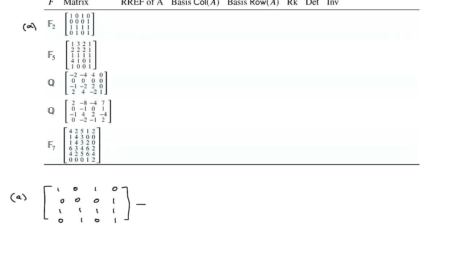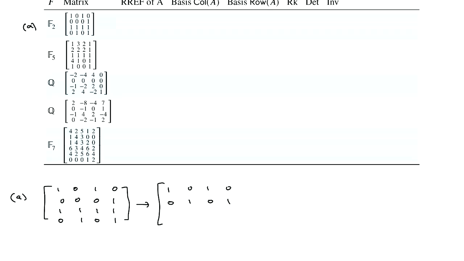So we reduce it down. I'll bring the fourth row up to the second row place.